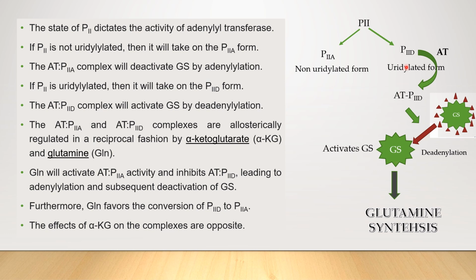And if P2 is uridylated, then it will take up the form of P2D. And this AT-P2D complex will activate the glutamine synthetase by deadenylation. So this P2D is deadenylating the glutamine synthetase. Now this is our active glutamine synthetase.